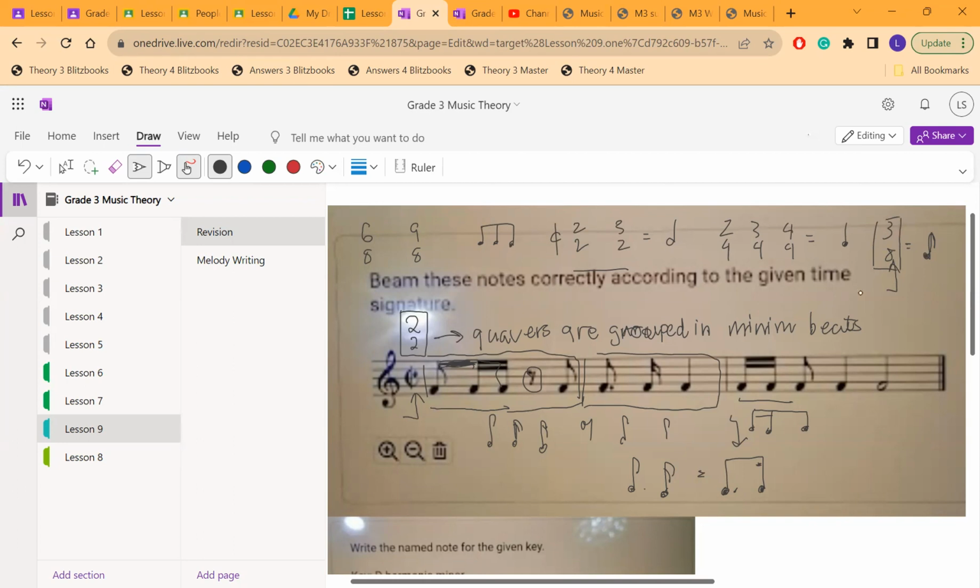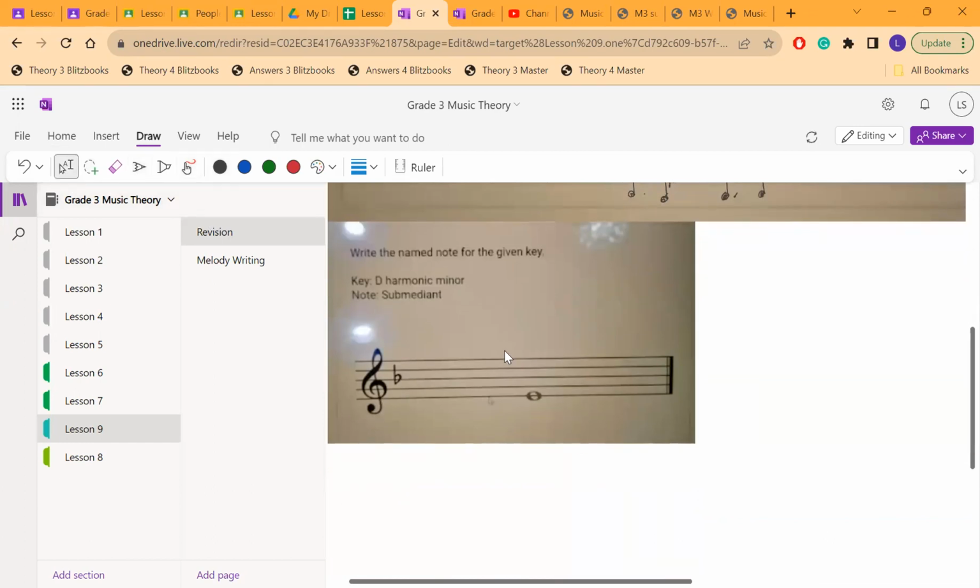The bottom number in simple time will always tell you in what note value you should group your quavers. So by default, if you have consecutive quavers in 2-2 or 3-2, you have to beam them in 4. In 2-4, 3-4, and 4-4, you beam them in 2, and then 3-8 is single quavers. That's correct.